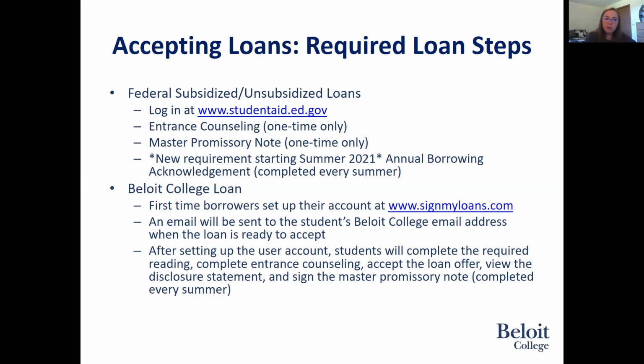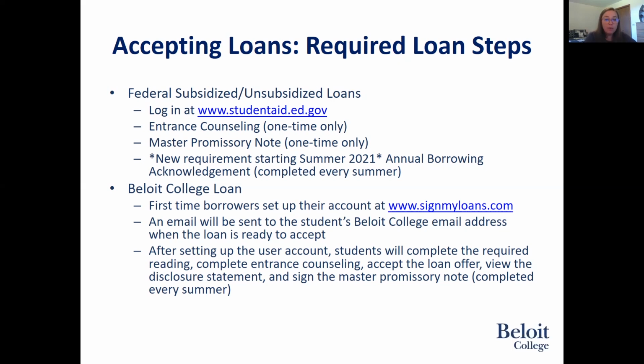So for the federal subsidized and unsubsidized loans, if you want to accept them, the student will go to studentaid.ed.gov. This is the all-encompassing student federal portal. So you're going to log in there. The student is going to log in there with the student's username and password from FAFSA.